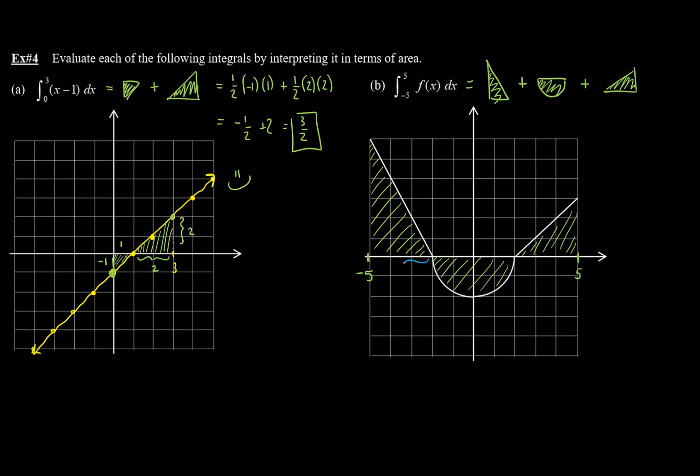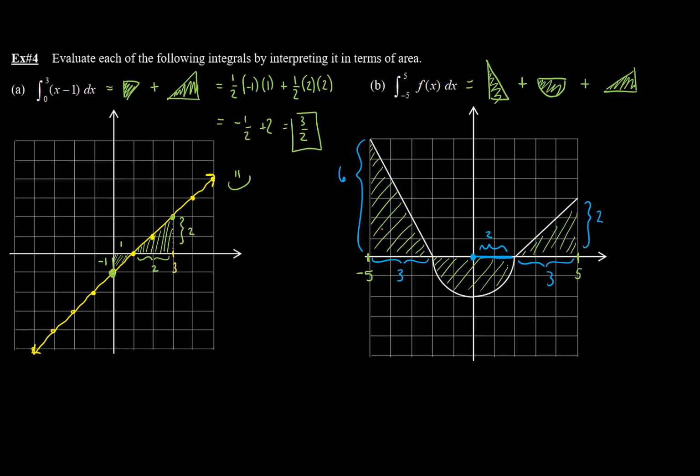From here to here, this is 3. From here to here, this is 1, 2, 3, 4, 5, 6. And if I look at the circle, the measurement I need is a radius, and it has a radius of 2. And for this triangle, I've got a base of 3 and a height of 2.